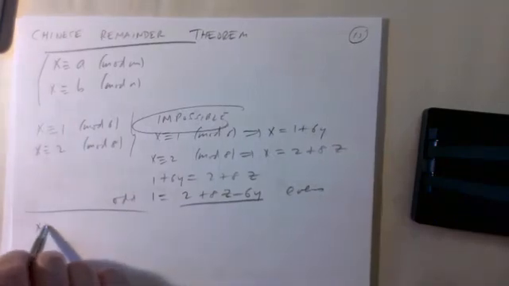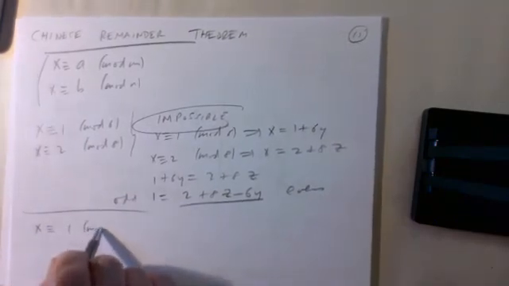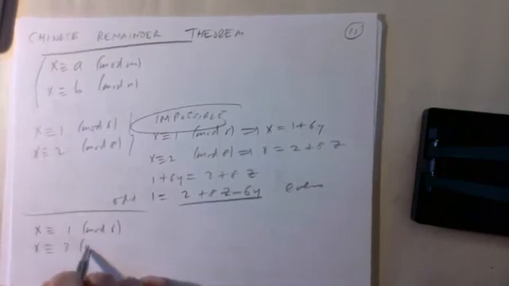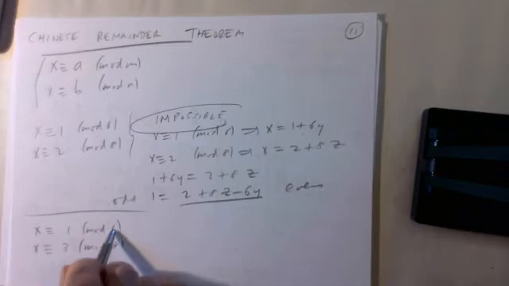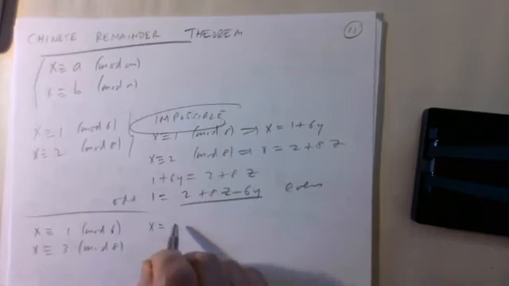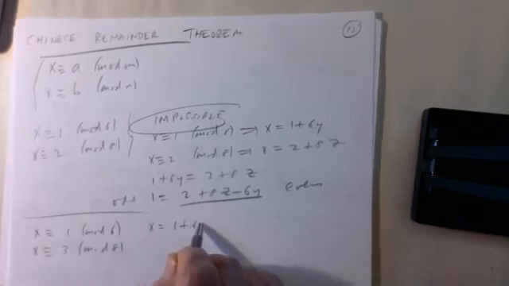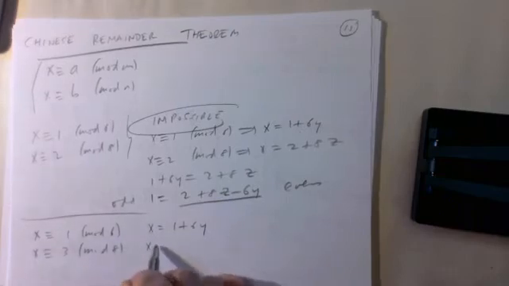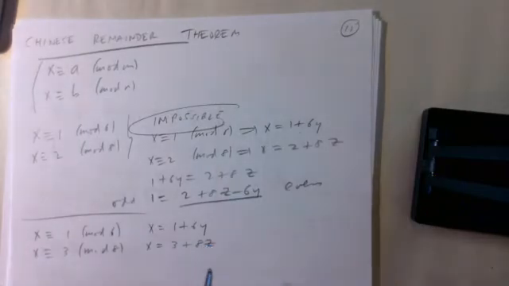Suppose I had x congruent to 1 mod 6 and x congruent to 3 mod 8. Can I solve that? Well, if x is 1 mod 6, that means x is 1 plus 6y. If x is also 3 mod 8, that means x is equal to 3 plus 8z.